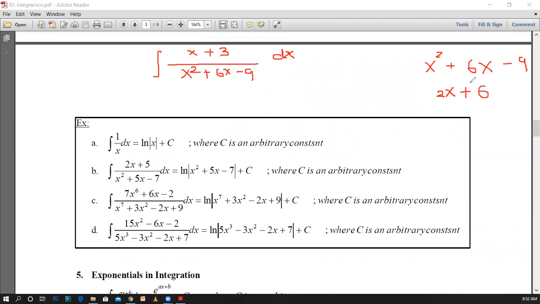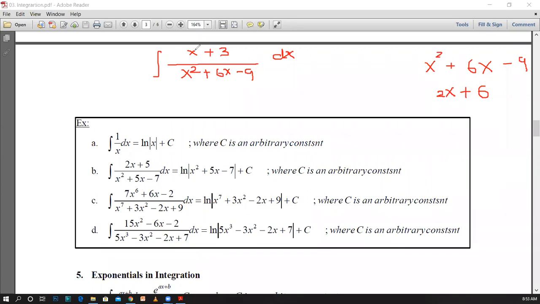If you compare the derivative of fx with the quantity we can see in the numerator, these are not equal quantities. But you can see there is a slight relationship between these two. If you multiply the quantity in the numerator by 2, then you can make it 2x plus 6. If you can make this 2x plus 6, then we can apply the concept that we have discussed under logarithms in integration.